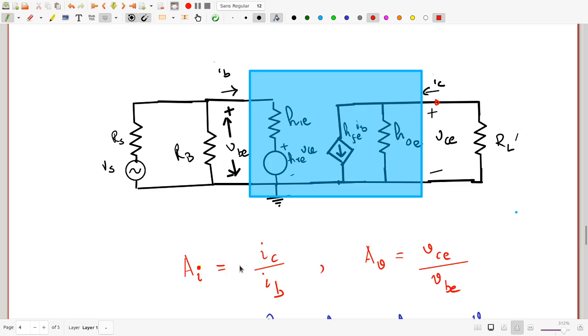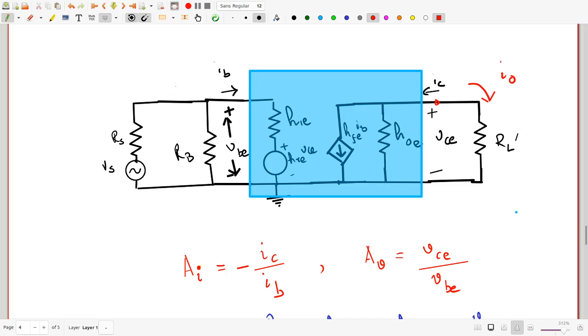Actually, it's minus IC by IB, for the simple reason that the output current is really this current. This is the output current, I0.